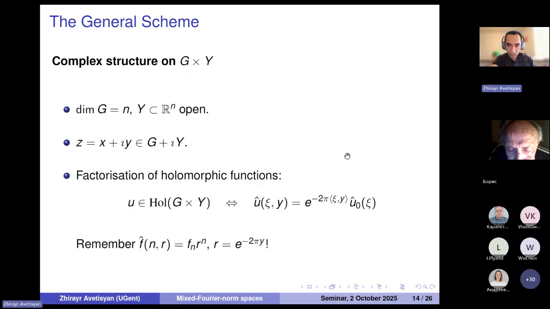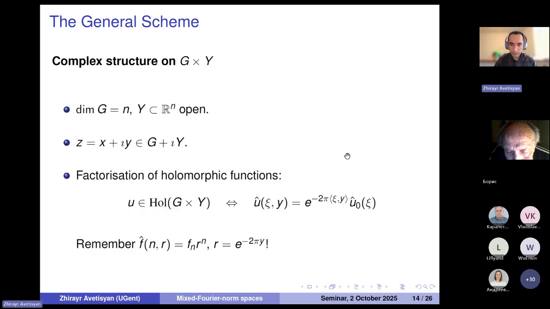It is this e to the minus 2 pi psi y scalar product. And the arbitrariness of the holomorphic function u is purely encoded in this psi dependence of u naught hat. So this is exactly the generalization of what we had before.